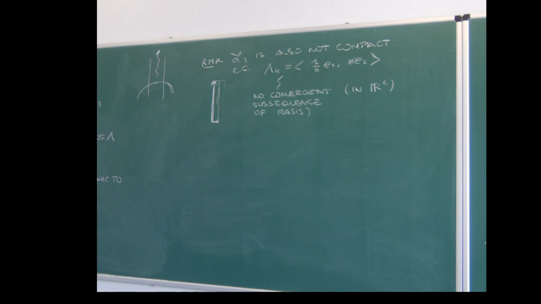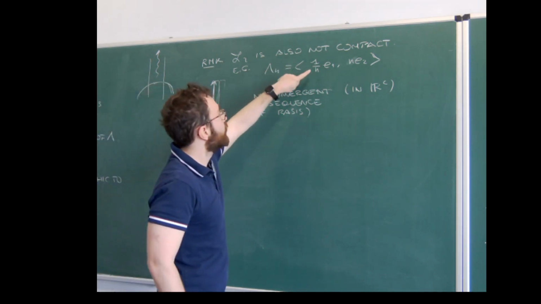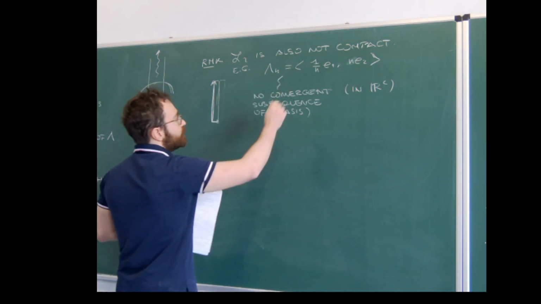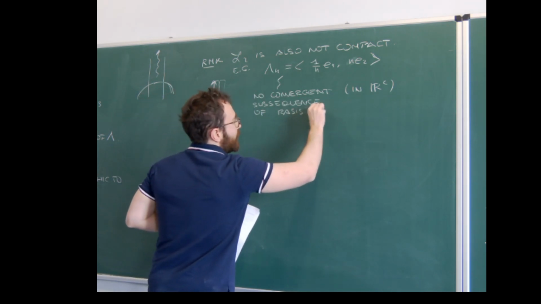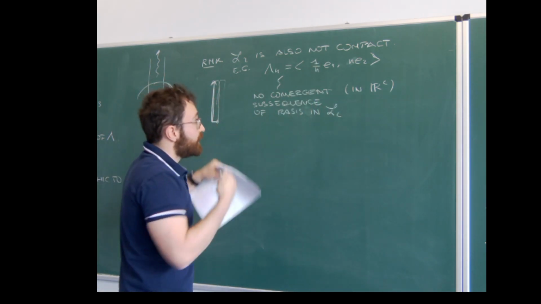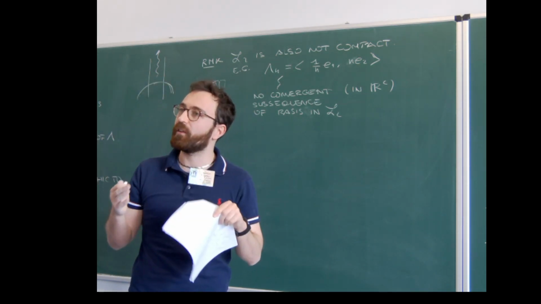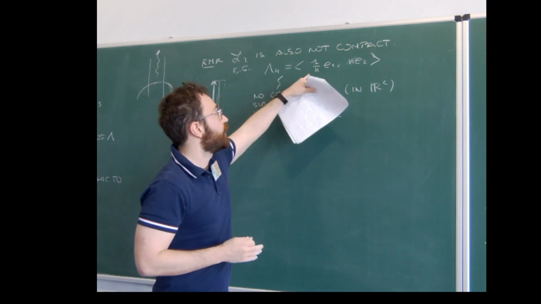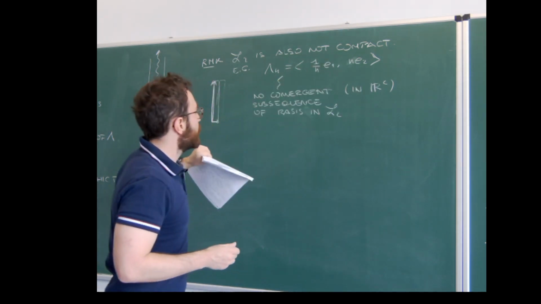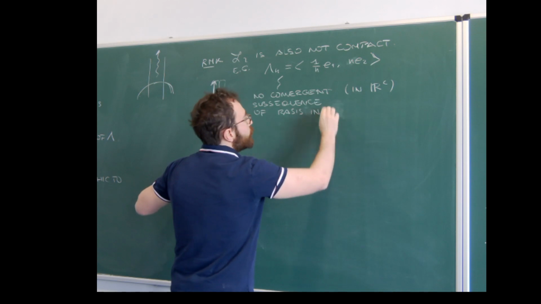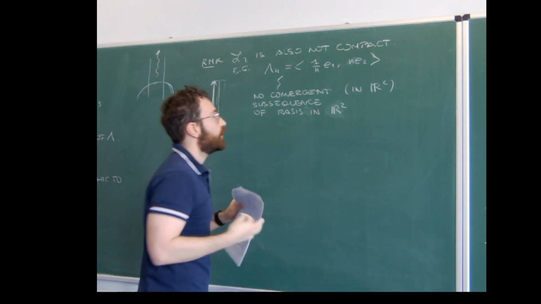In L2 the topology is defined as: take a sequence of bases, look where it goes in R2. Any subsequence of this also has no convergent subsequences in R2, right?